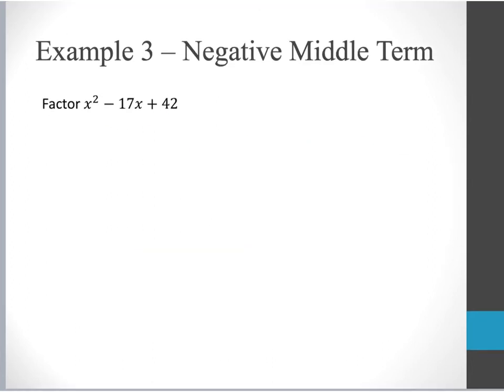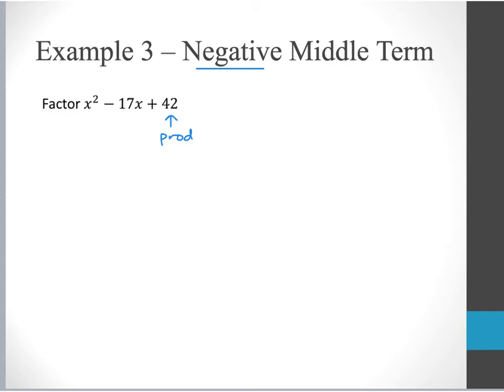For example 3, we're going to change it up just a little bit. Example 3 has a negative middle term. Notice here we have x squared minus 17x plus 42. Now nothing has changed process-wise. The only note to make is to remember that this 42 is a product.